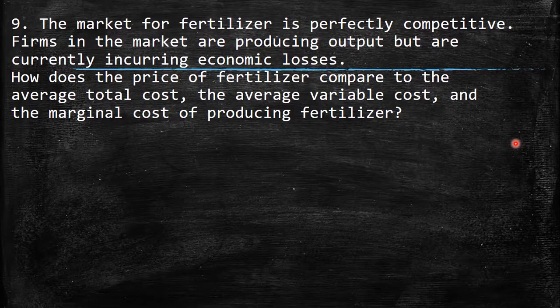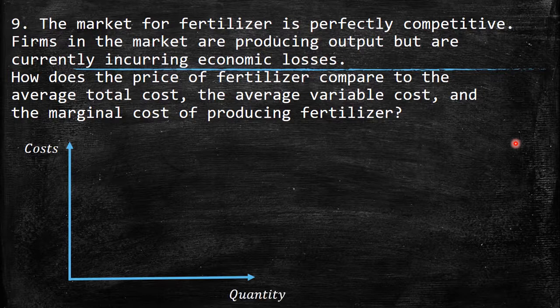Then the next point says the market for fertilizer is perfectly competitive. Firms in the market are producing output but are currently incurring economic losses. How does the price of fertilizer compare to the average total cost, the average variable cost, and the marginal cost of producing fertilizer?